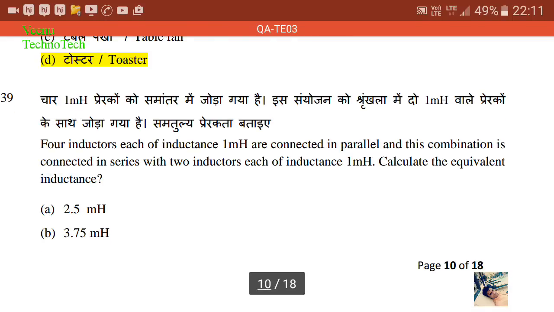Four inductors, each of inductance 1 millihenry, are connected in parallel and this combination is connected in series with two inductors, each of 1 millihenry. Calculate the equivalent inductance.